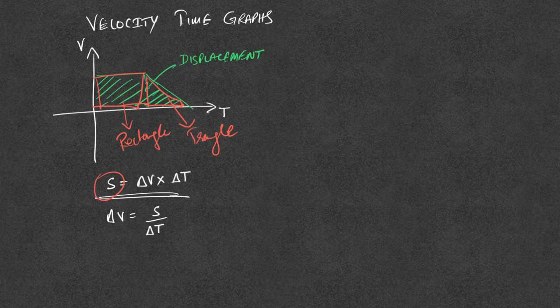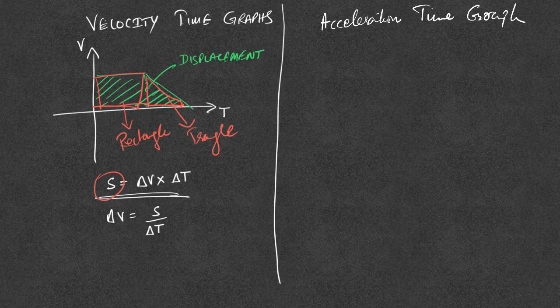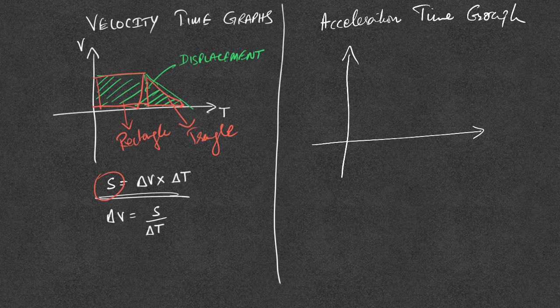Now the second concept that we are going to learn is the acceleration time graph. Okay, so let's look at a similar graph, and we have time on the x-axis, but the y-axis is acceleration, which is typically in meter per second square.